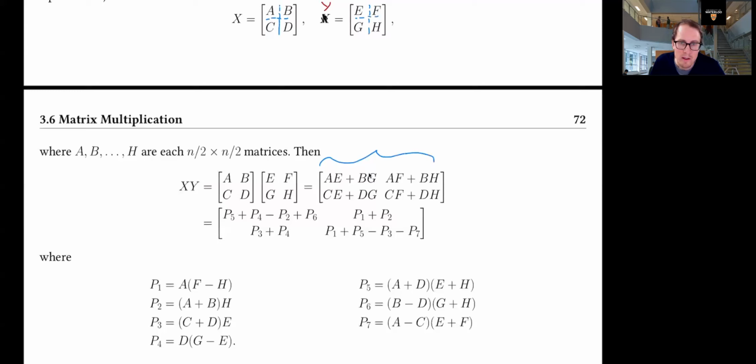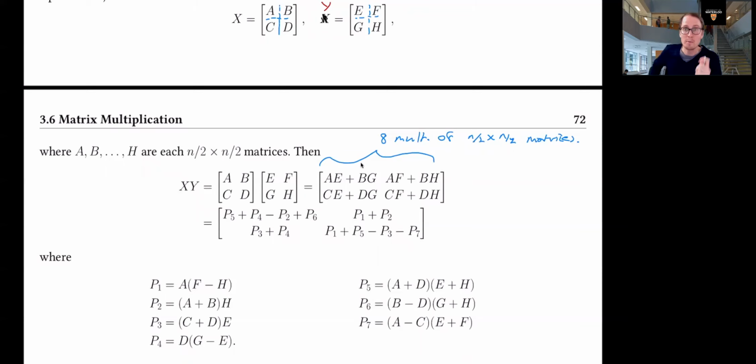I have 1, 2, 3, 4, 5, 6, 7, 8 multiplications of n over 2 by n over 2 matrices. If you were to write out the recursion relation, where instead of doing one multiplication of n by n matrices, I do 8 of n over 2 by n over 2, you get n cubed runtime. It doesn't help.